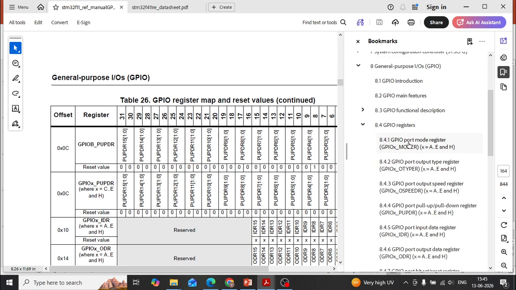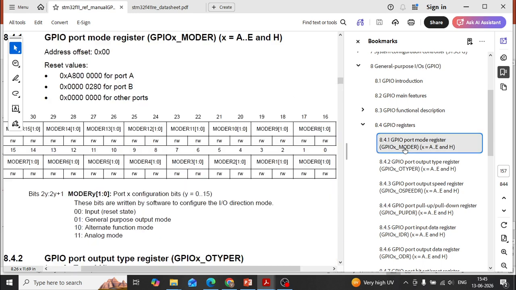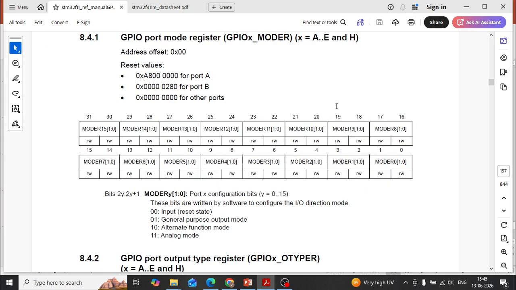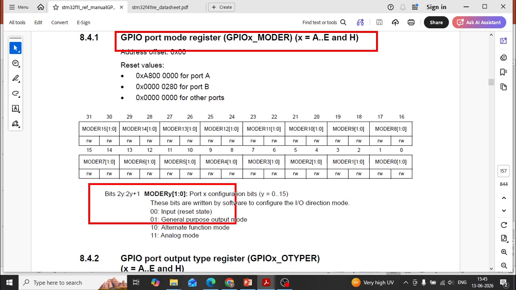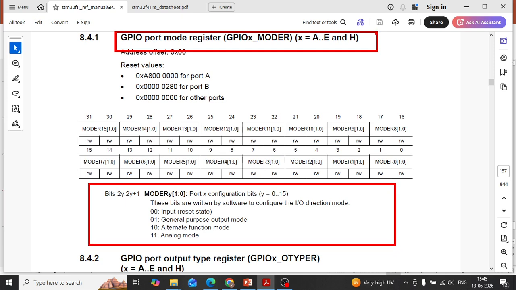So I'll go to the mode register. This is my GPIO register subchapter. I'll click on this, and now you can see the GPIO mode register. What is the use of this GPIO mode register? You can understand here what it says. Usually a brief explanation is given in the register description.